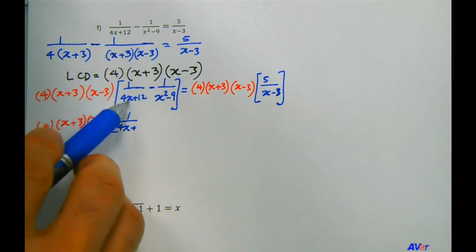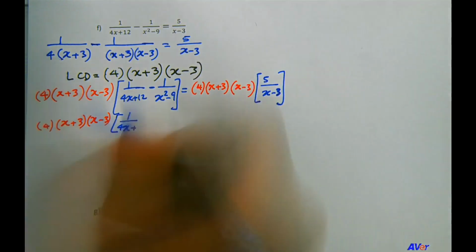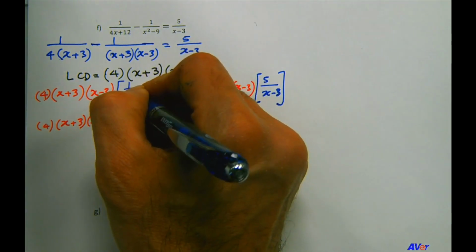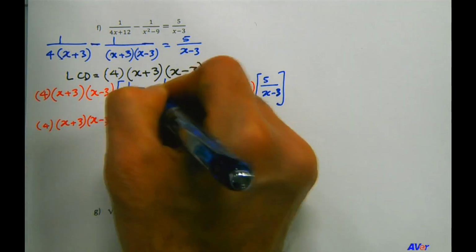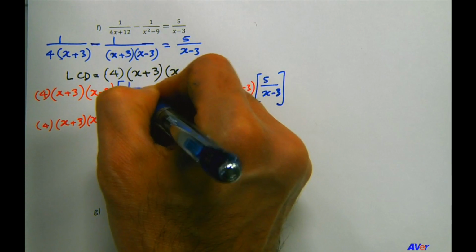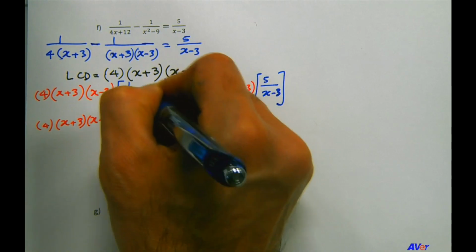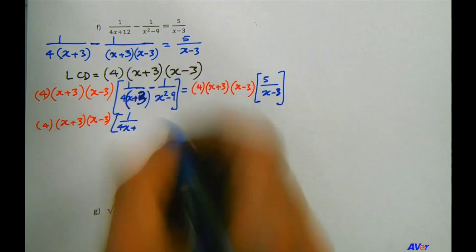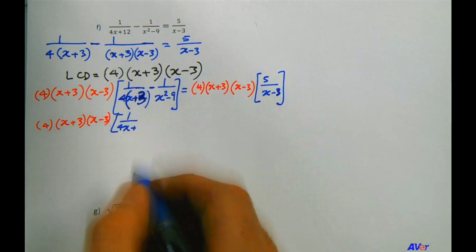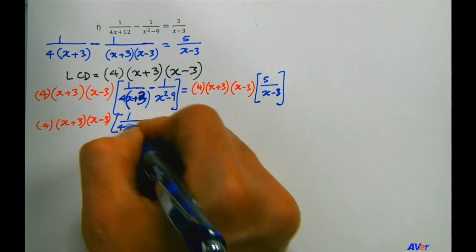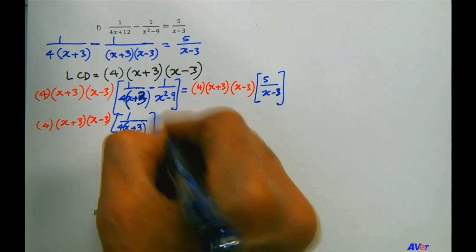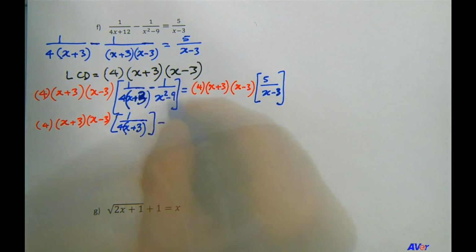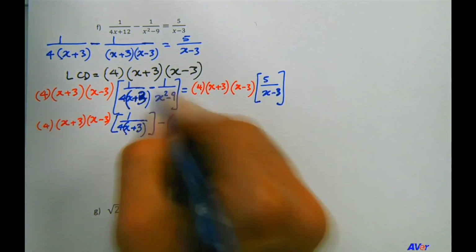I should have written this in terms of 4 times x plus 3, so let me do that. 4 times x plus 3, like that. And that's a 4, so let me fix this also. 4 times x plus 3. Okay, like that.